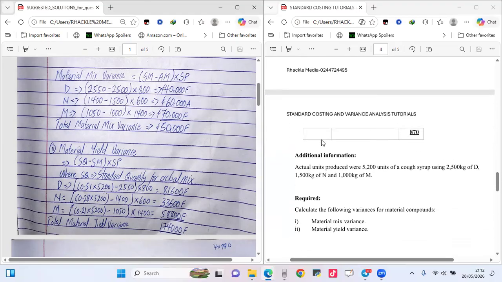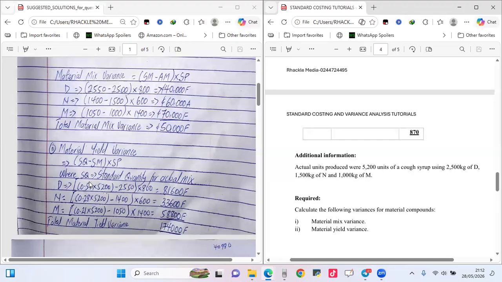We have to apportion them on the actual units they produced and then see whether they used the right amount, right? So for this one, we are going to compare it to the standard mix. So you see that material yield variance compares the standard quantity to the standard mix. So it actually takes into consideration the actual units they produced.